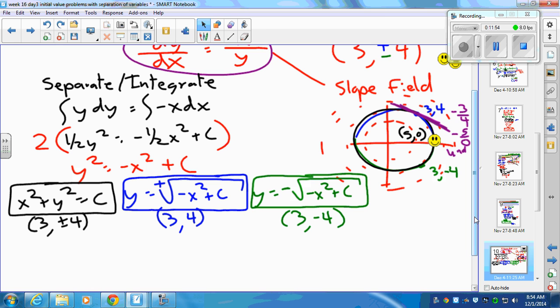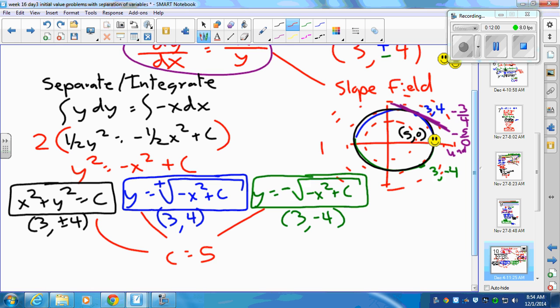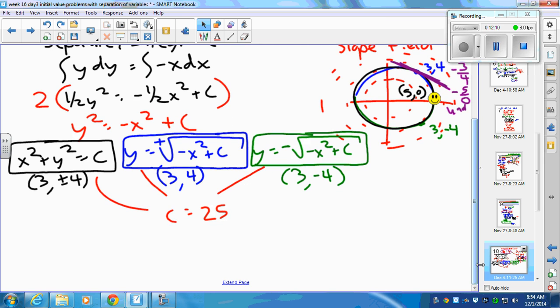And all of these, when you solve for c, c becomes 5. No, 25. Sorry about that. 3 squared plus 4 squared. Yep, 25. And all of them you get 25.